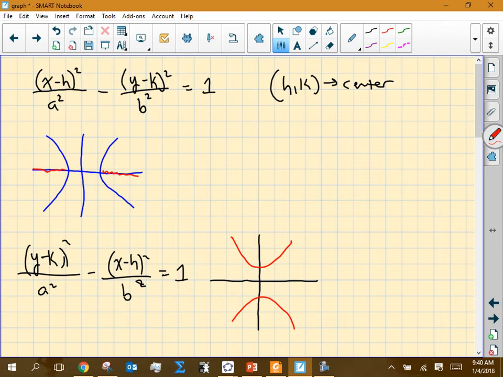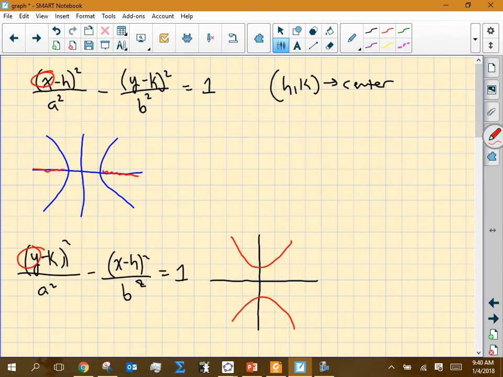On a hyperbola, we then look at the variable in the first location, and if it's an x, your hyperbola opens along that axis. It has that axis on the inside of it. If it's a y, your hyperbola opens along the y-axis, or has the y-axis inside it.